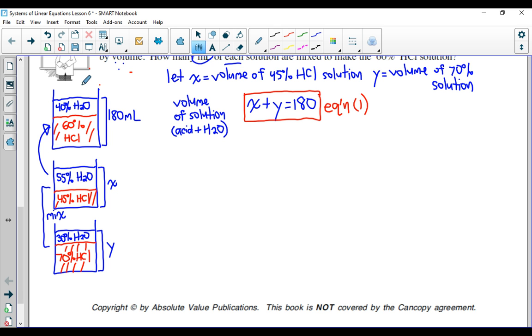Okay, so let's figure out how much total acid is in this beaker at the very end. Okay, so we'll say amount of acid in the mixed beaker, well, 60% of 180 milliliters is acid.